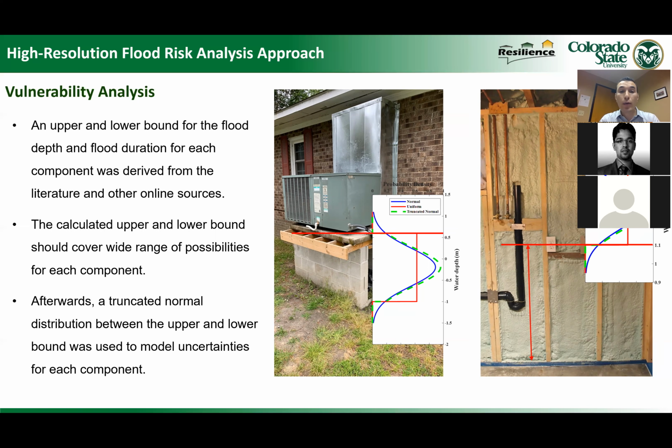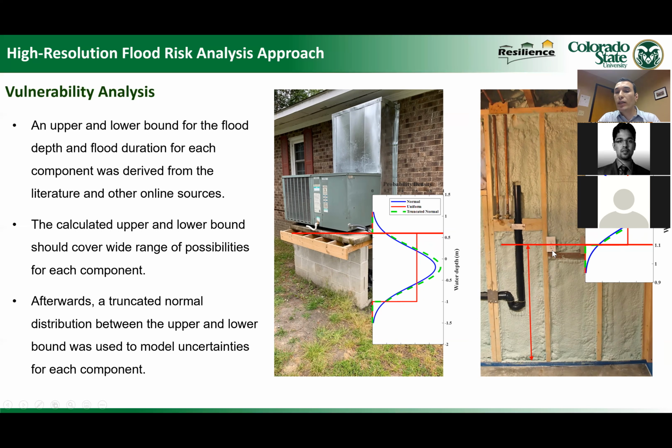The lower bound is the ground, because nobody will dig into the ground and put the EC unit there, and the upper elevation is based on field studies, what we saw from what the buildings actually did in terms of elevating their EC units. However, the mean elevation of the EC unit is usually at the first floor elevation.